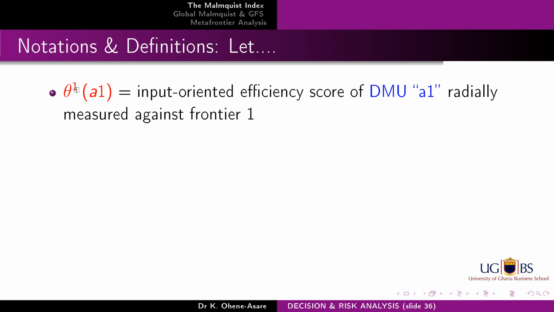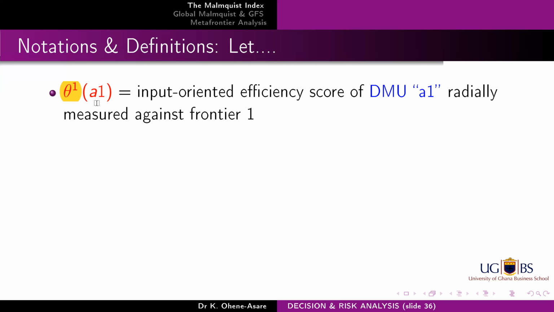So you can see that the frontier number is the one with the theta, and the year is the one with the observation. That's the year, the one with the observation. So it's like reading it backwards. The efficiency of a firm A in year 1 relative to the frontier in year 1.